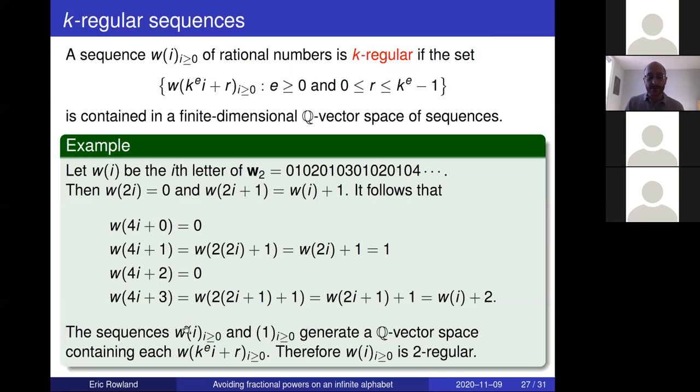So these two sequences, Wi itself and the constant 1 sequence, generate a two-dimensional vector space in this case that contains all of these subsequences. And since that vector space is finite dimensional, this sequence is 2-regular. So 2 is the k here.